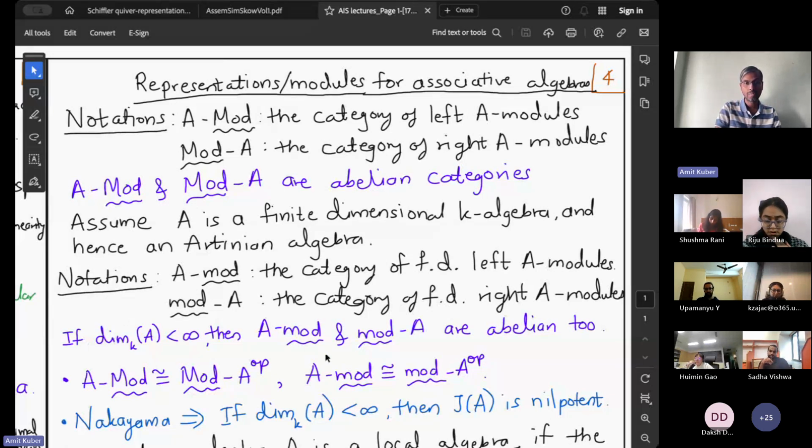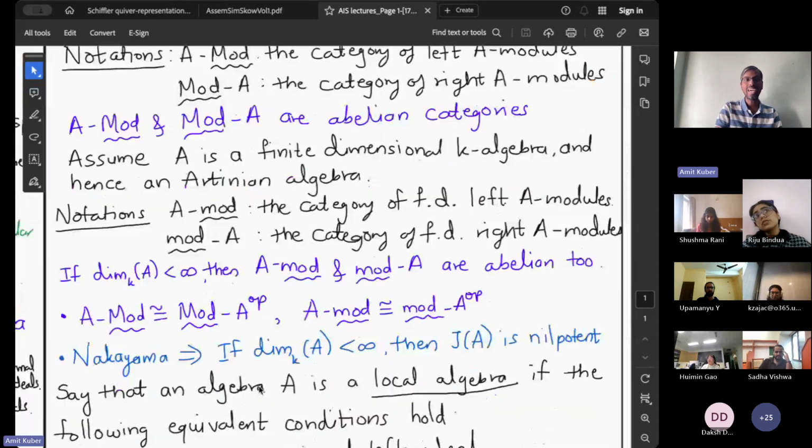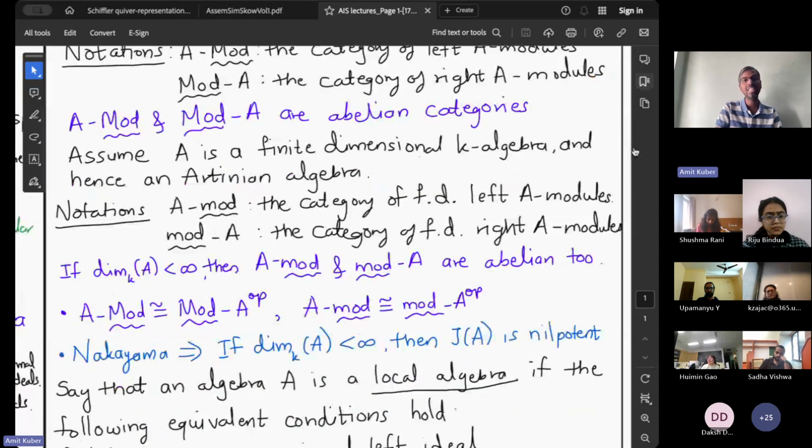Well, if you have seen enough categories, or even enough algebra, then left A modules are nothing but right A op modules. So we can equally keep studying only the left modules.